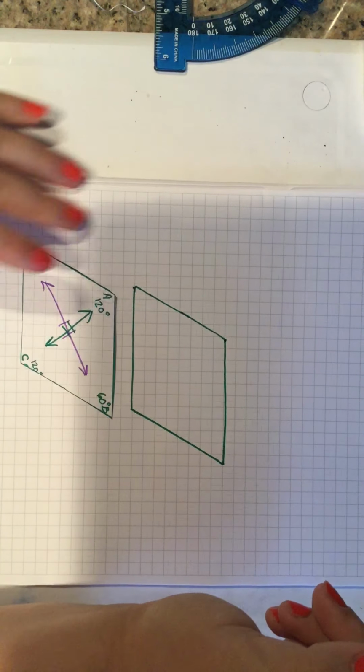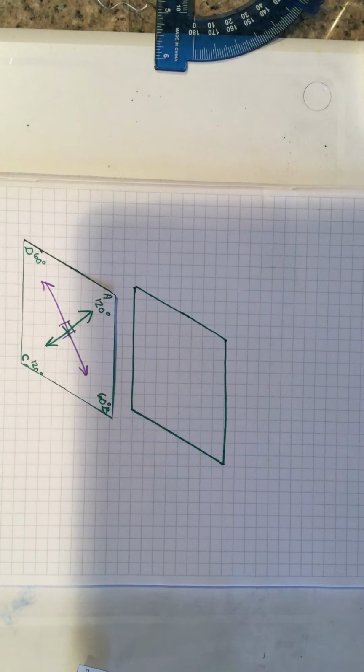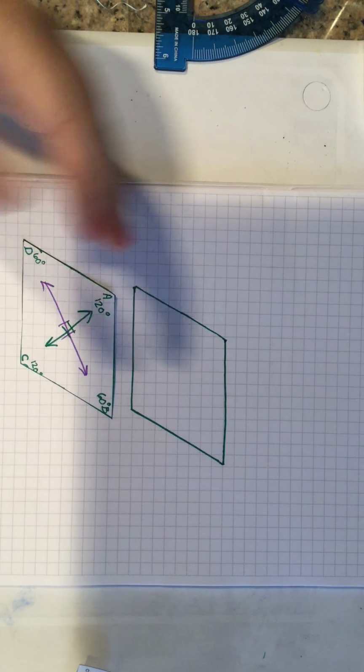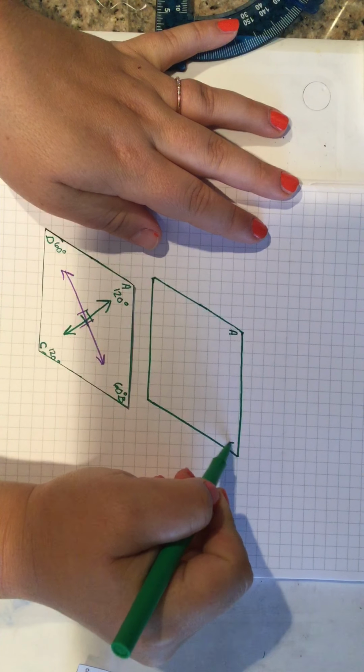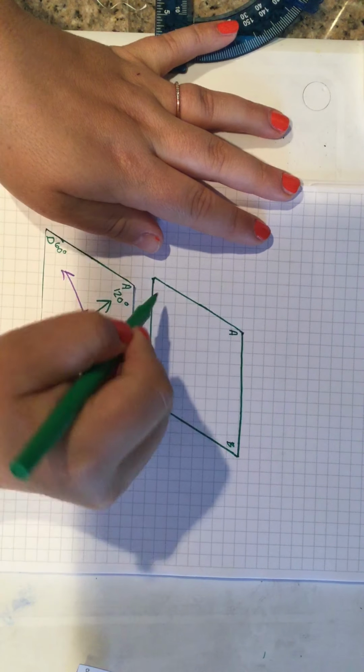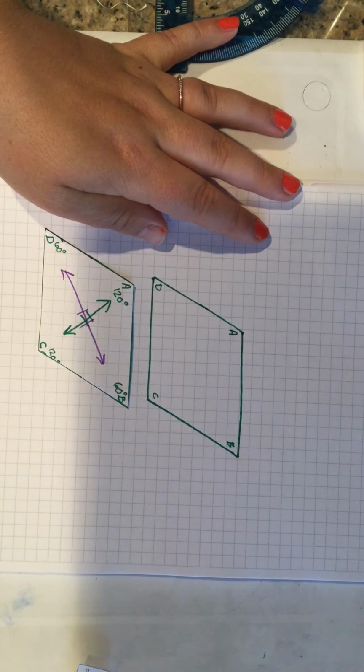Okay, so I just made a copy of it by tracing it and labeling the vertices with the same letters. So we have A, B, C, and D.